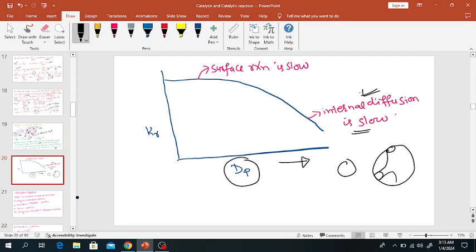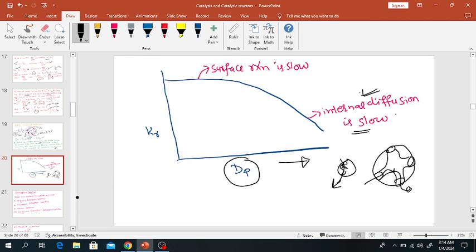In the large particle, the molecule will take a long time to react, adsorb and desorb from the surfaces. But in the small particle, the molecule will take very little time to adsorb and react.